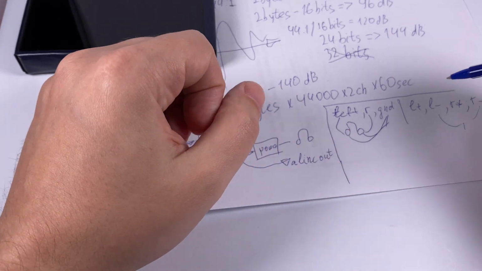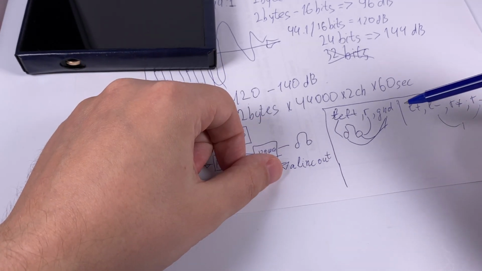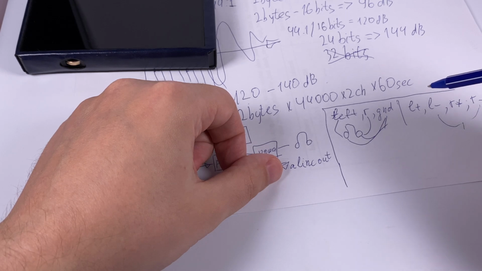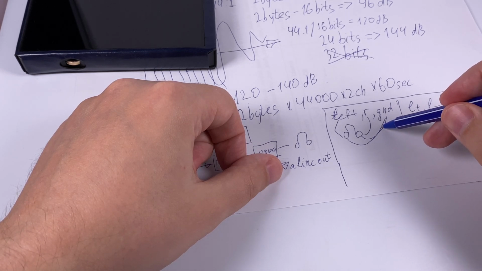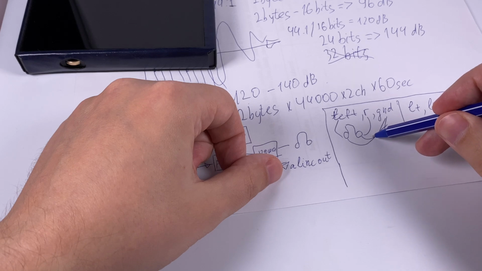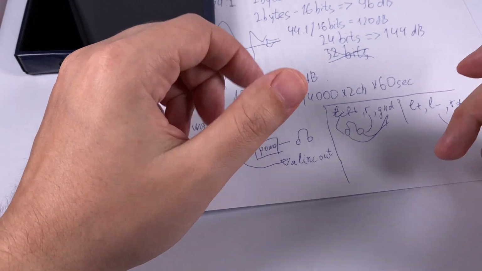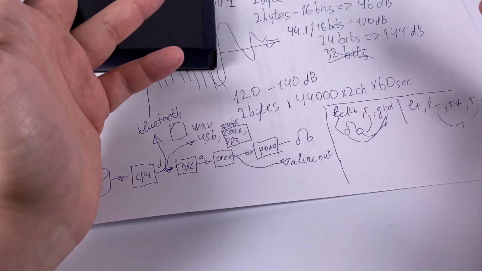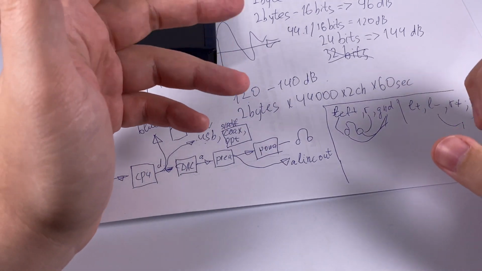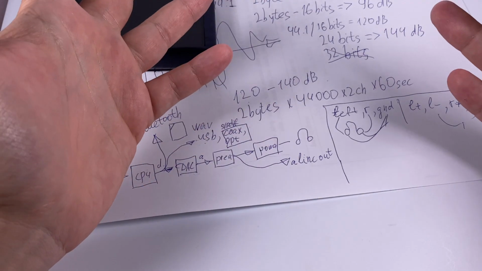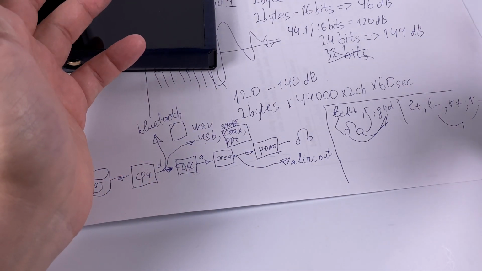So if you are connecting to a balanced out, never use a 3.5 millimeter connector, because it short circuits these two ground wires, and it can damage your output, or rather your source, your amplifier, player, and other stuff.